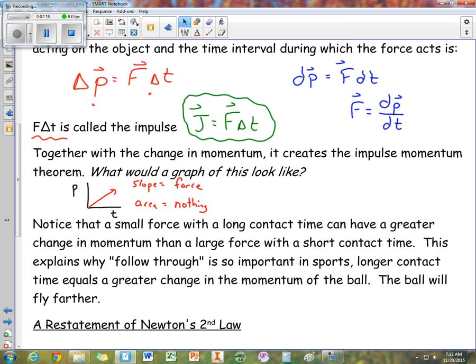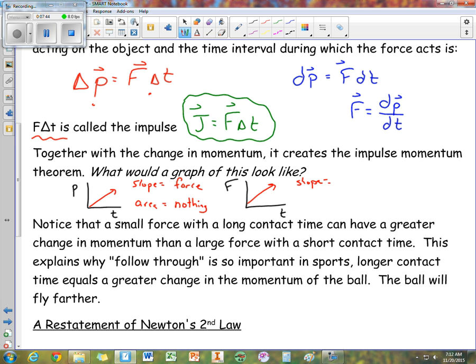All right, well, let's say I wanted to plot force versus time. And let's say I got something that looks like that. All right, slope. The slope would be force divided by time. Well, that would be a Newton per second. Newton is a kilogram meter per second squared.